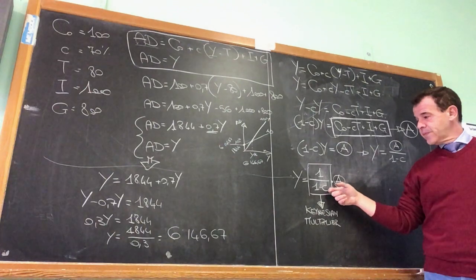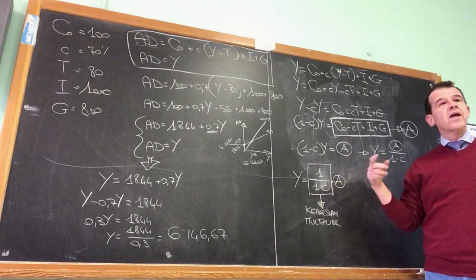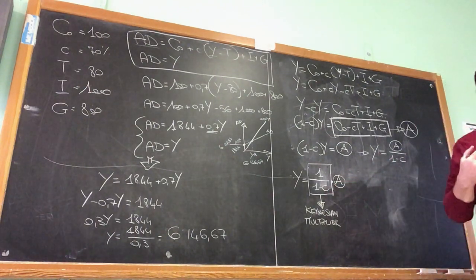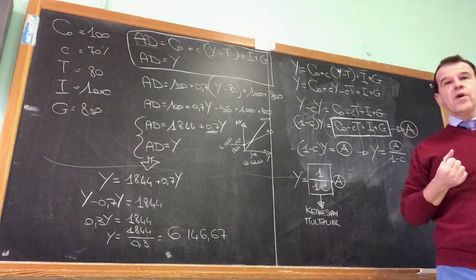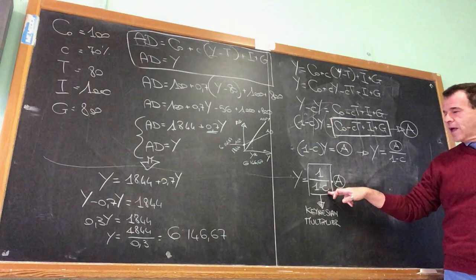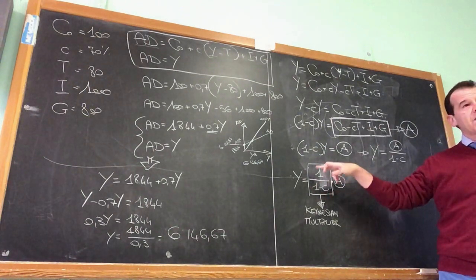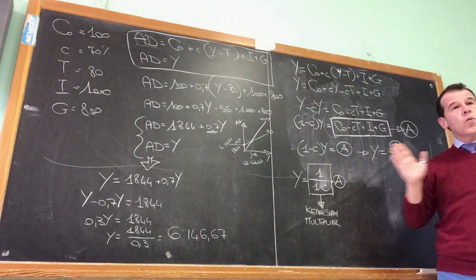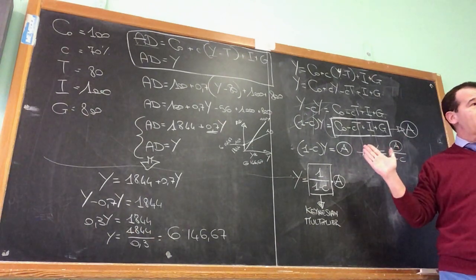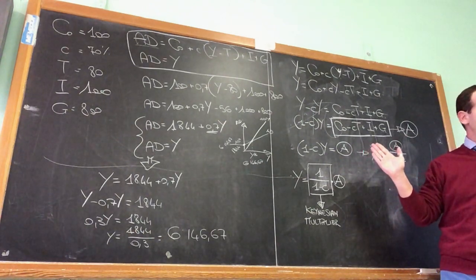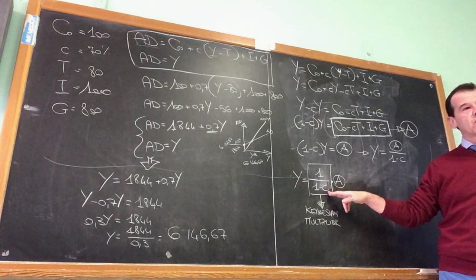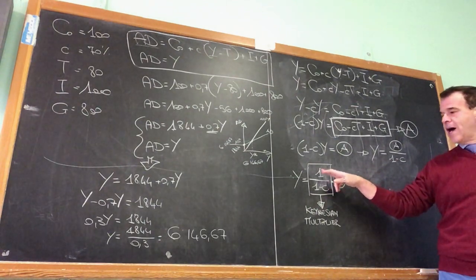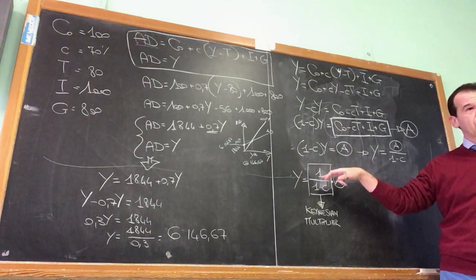Third, you need to push people to consume. Why? Because the Keynesian multiplier tells you the wideness of the effect. So the higher is the propension to consume, the higher will be this value.